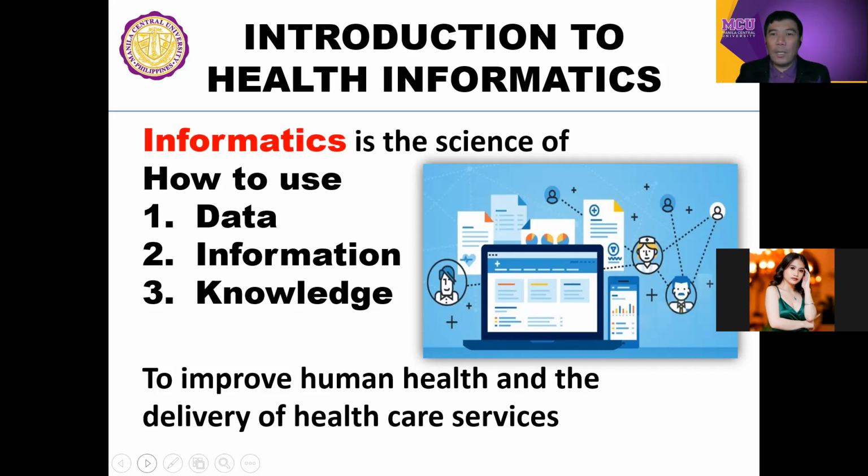When we use nursing care management, we use the principle of nursing as a science, caring as an essential component, and management that will encompass the use of the nursing process: the assessment, diagnosis, planning, implementation, and evaluation. So this is how informatics goes into the use of the concepts of data, information, and knowledge.